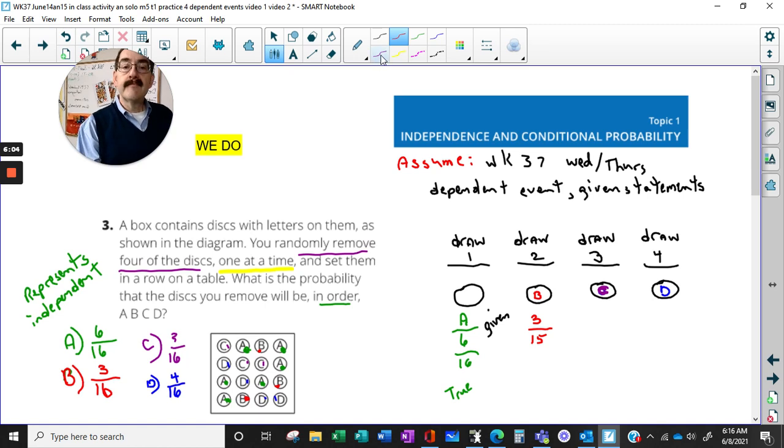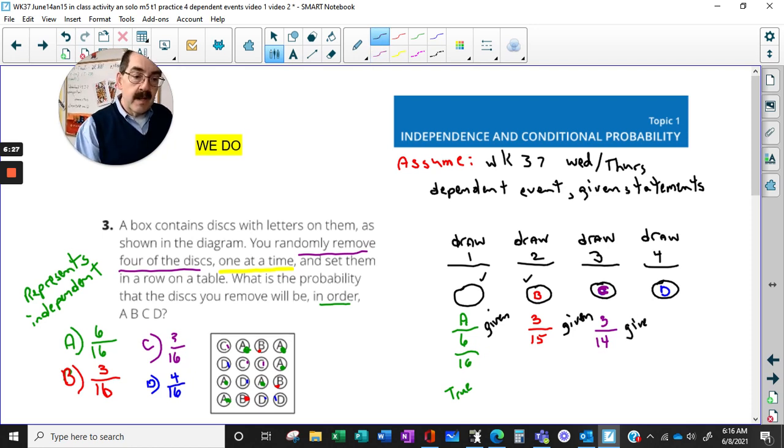Okay? Given we got an A and a B, what's the probability of a C? There's 3 C's, but there's only 14 left.